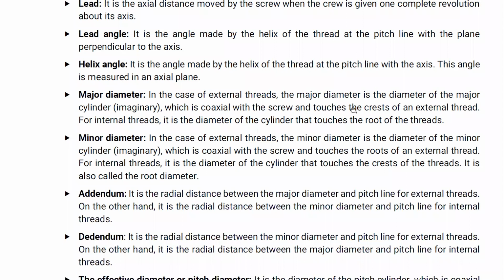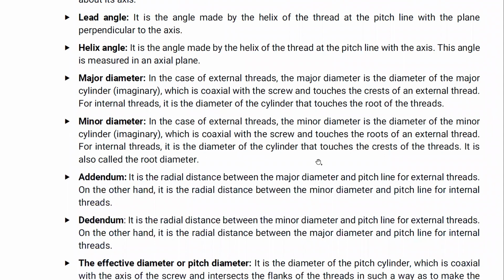Major diameter, as we have seen, is the outside diameter, and the minor diameter is the inside diameter. In case of an external thread, the major diameter is the diameter of the major cylinder, imaginary, which is coaxial with the screw and touches the crest of the external thread. For an internal thread, it is the diameter of the cylinder that touches the root of the thread.